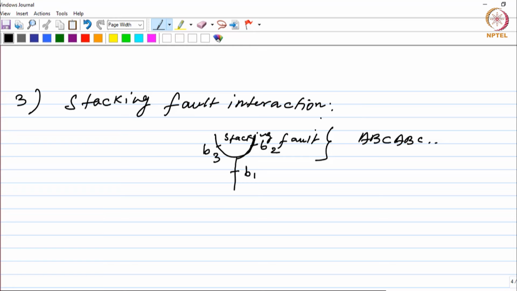Now, the solute atoms which are added might have some preferential solubility to this stacking fault region because the structure of the stacking fault region is different from the parent metal.